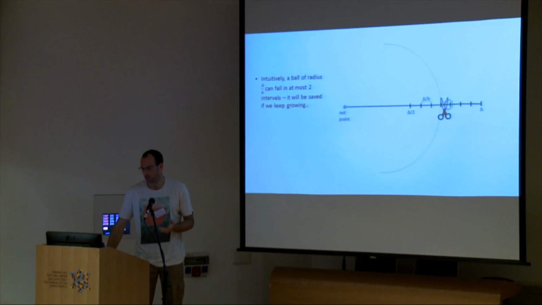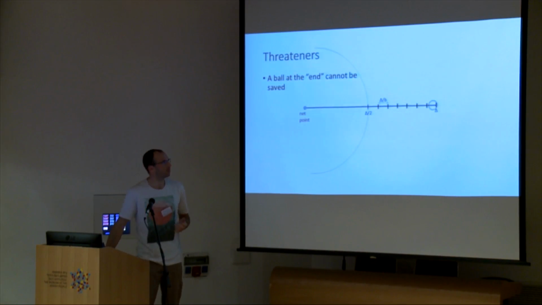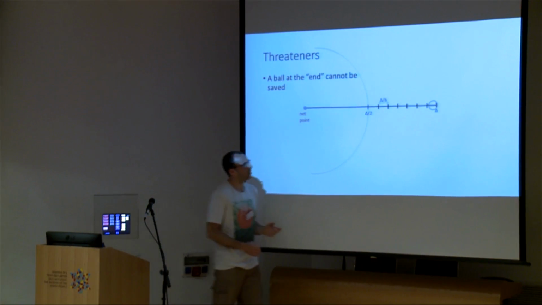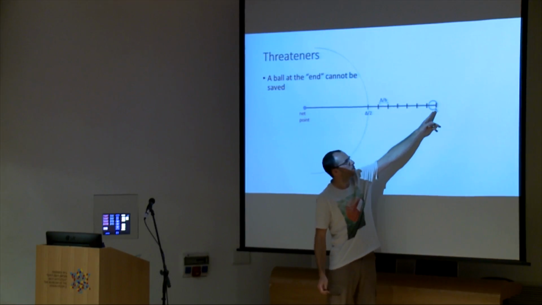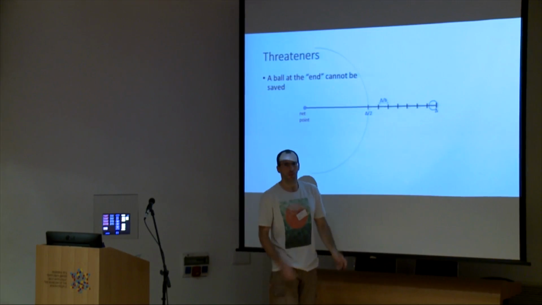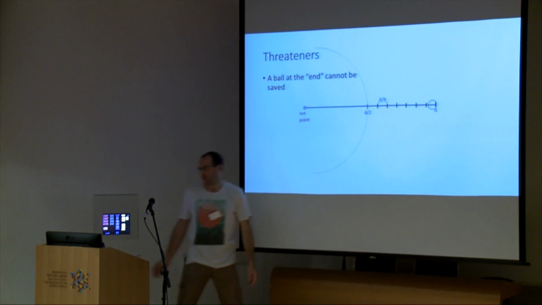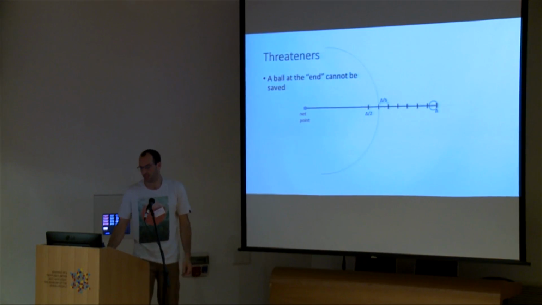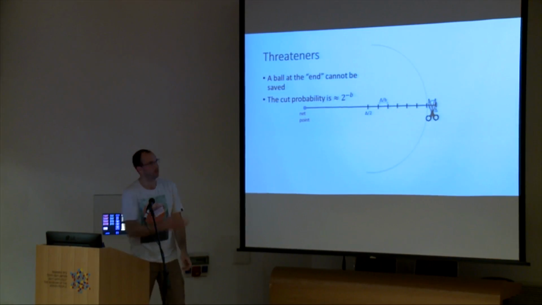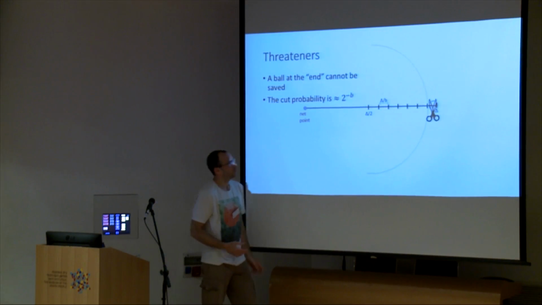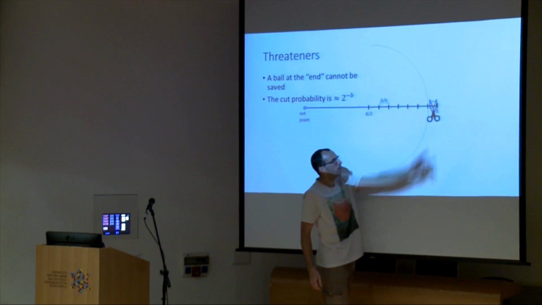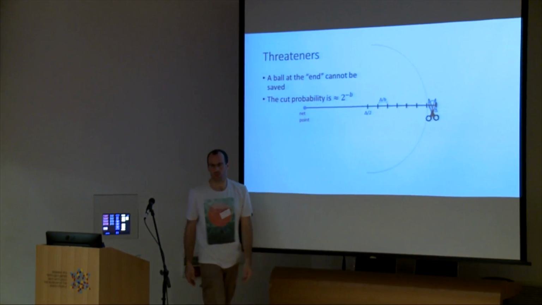The only problem is that what happens if the ball actually lies right here at the end? We cannot allow the radius to grow further than delta. So, if we are so unlucky that we tossed all the coins and heads and reached the tail, we must stop here no matter what and cut somewhere in the next range.